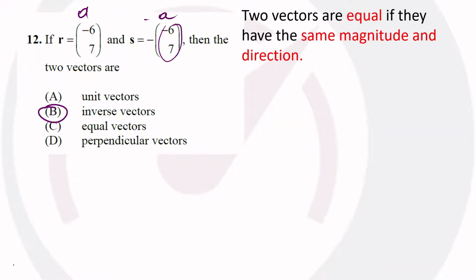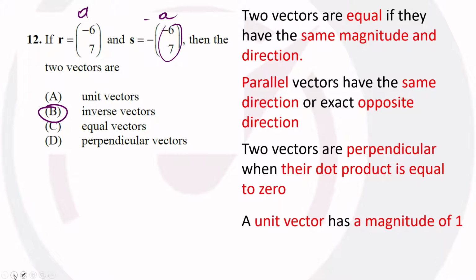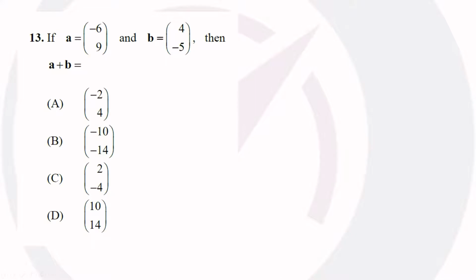So two vectors are equal. I'm just giving you about the same notes as always, but we're using up the inverse vector concept this time. Alright, question 13. Easy peasy. Now please people, don't go to the exam and get these wrong. I understand if you mix up the inverse and the parallel and the equal and the perpendicular.